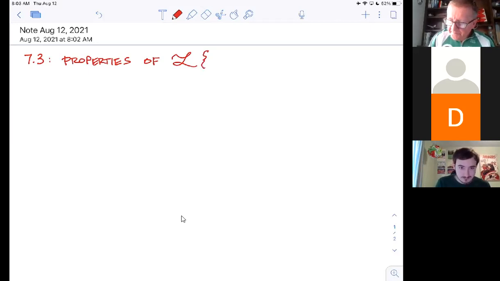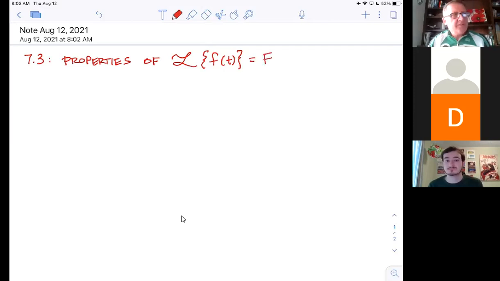But if I said this was a function of t that we were initially taking the Laplace transform of, then what you learned yesterday is that it's going to pop back out as some new function. Notice I used capital F because the function has changed. It's still f for function, but it's capital F just because it's different than little f. But of course, now we're in some new world.